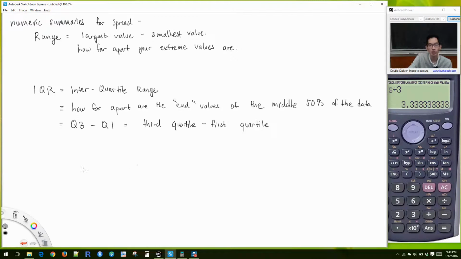All right, so maybe I have to define what quartiles are, okay? So Q3 is the third quartile, and this is the spot in our data where 3/4 of the data is less.